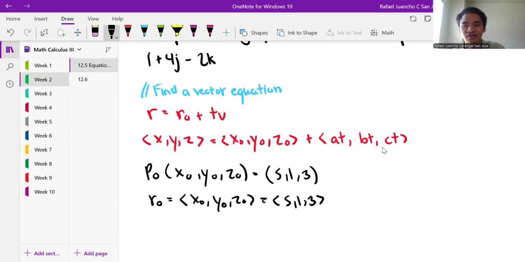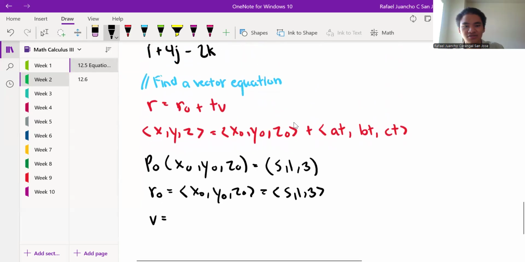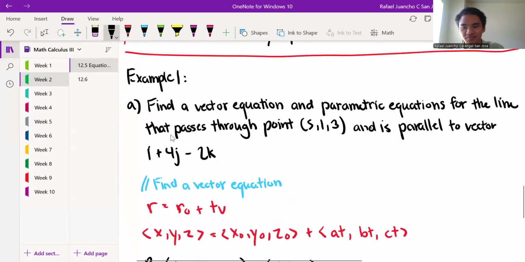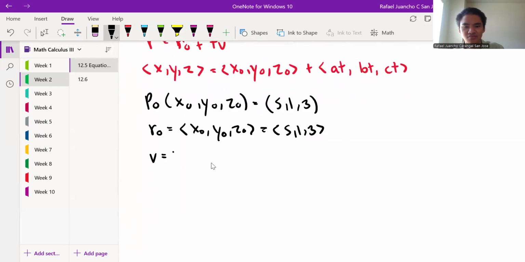Now we want to find at, bt, ct. So here our v is actually this thing right here, because it's parallel to this vector. So i plus 4j minus 2k. In vector form, that's 1, 4, negative 2, right? And so if we want to add the tv, then that's just going to be t, 4t, negative 2t.